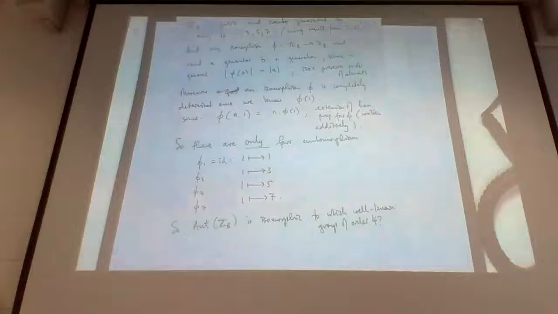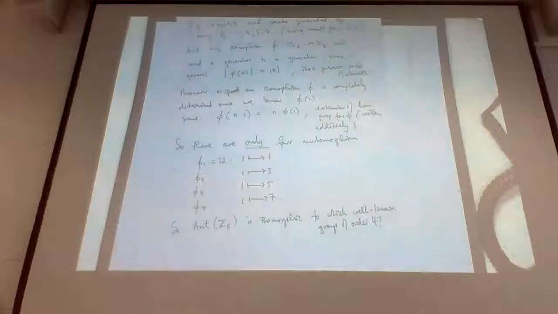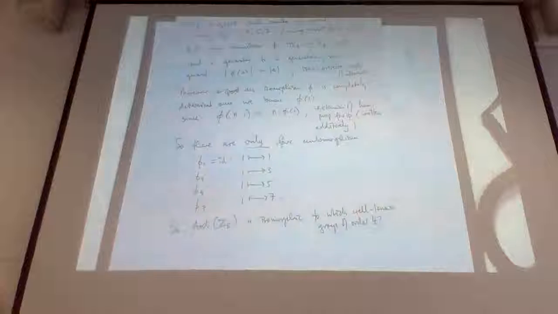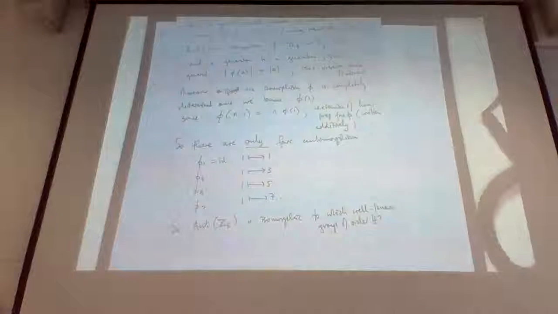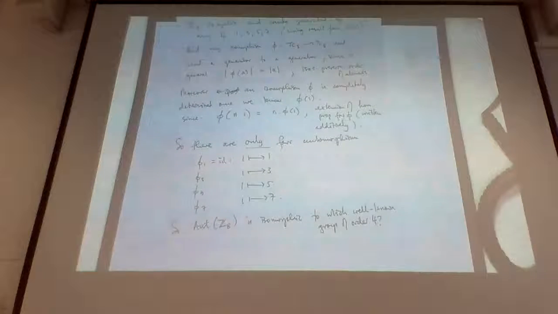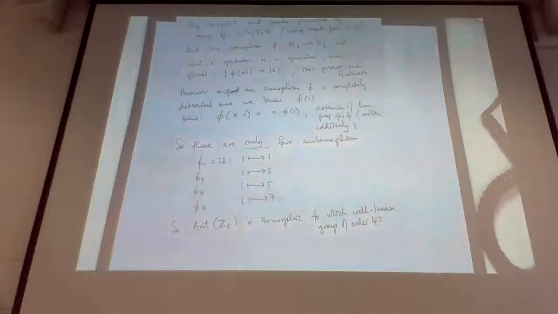Is that 4, did you say? It's not the whole question. There's only 2 options. We maybe need to know it's abelian for that, to know there's only 2 options.